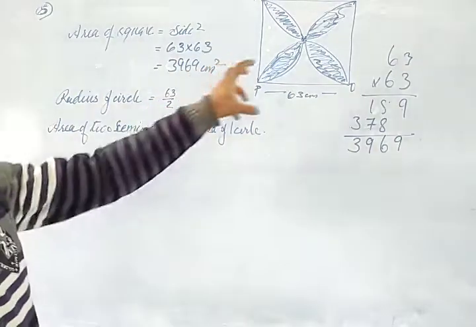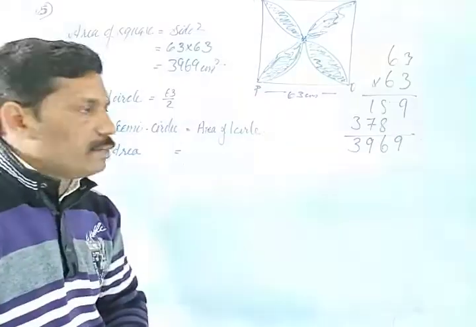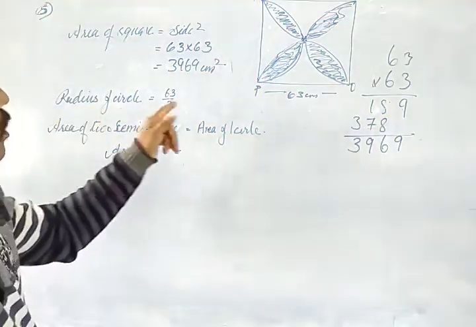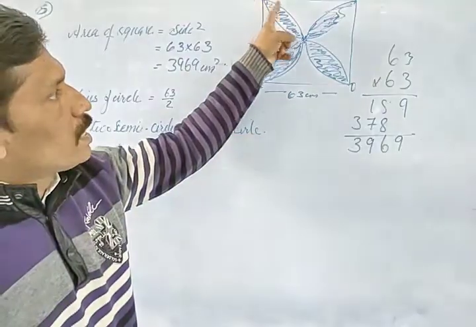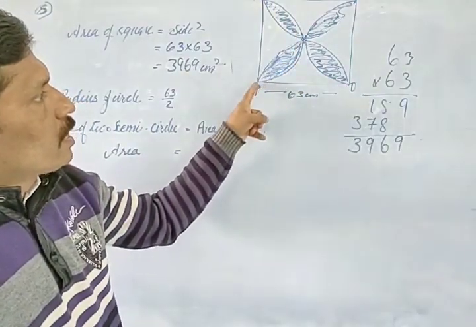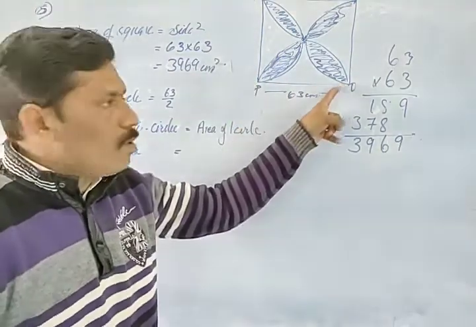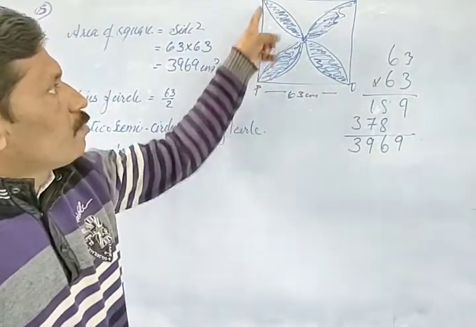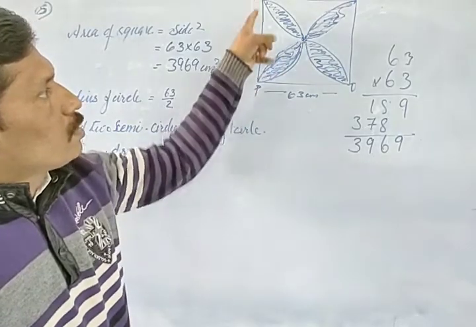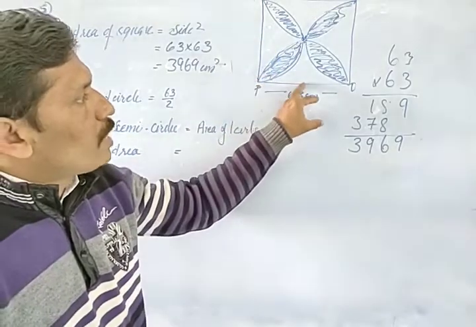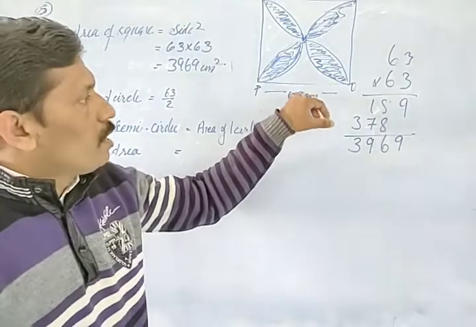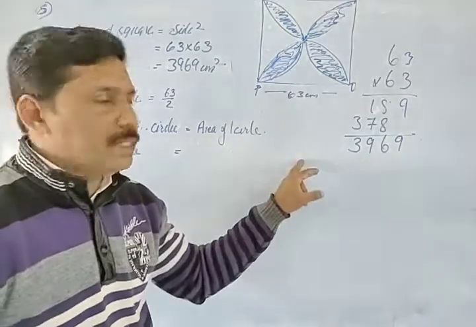From this area we have to subtract the area of the unshaded portion. So, radius: you know that one semicircle is given here, its diameter is 63 because each side of the square is 63. Therefore this side also is 63, and half of that is the radius of this semicircle.